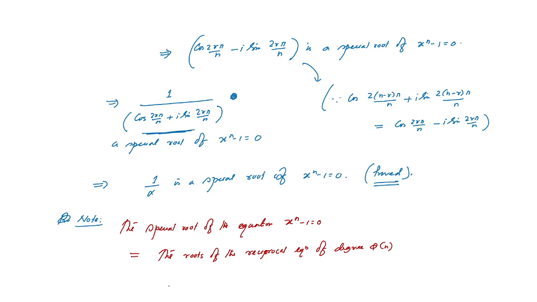So that means the special root of the equation x square minus 1 will be the roots of the reciprocal equation of degree 2. That means 1.